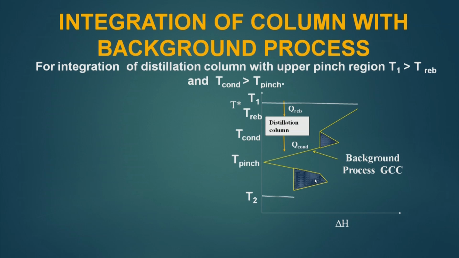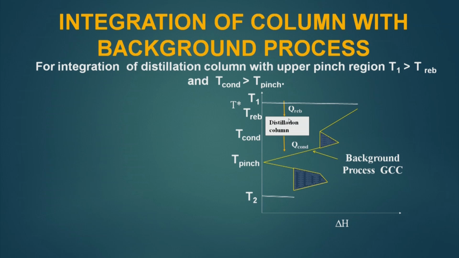So, what is happening practically? The hot utility is giving heat to the reboiler, and then the condenser is giving heat to the streams which are available from here to here. With this heat, the streams available from this point to this point are getting heated up. While this heat is cascading down, it goes through the distillation column.